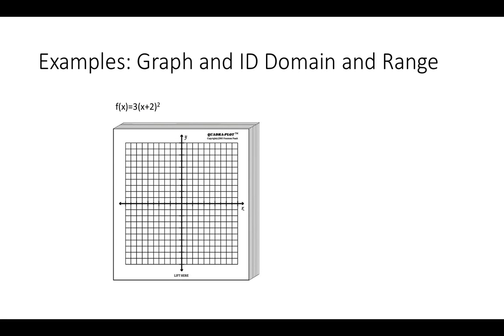Okay, so here is an example that we can actually graph using the vertex form that we learned about in 2.1, or we can graph it using the intercept form that we learned about yesterday.